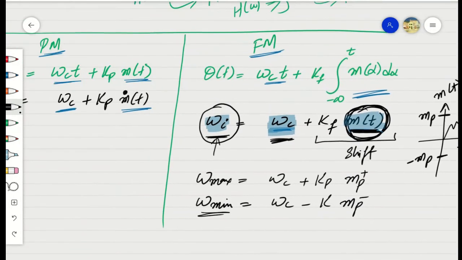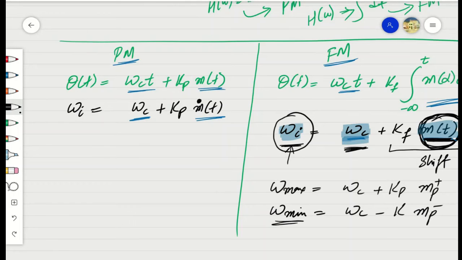Similarly, we can see the maximum and minimum frequencies being generated for the case of phase modulation, as the frequencies are being influenced with respect to the derivative of the information signal. When a peak amplitude of the derivative of the information signal is received, at that time instant a maximum or a minimum frequency in the case of phase modulated signals will be received.